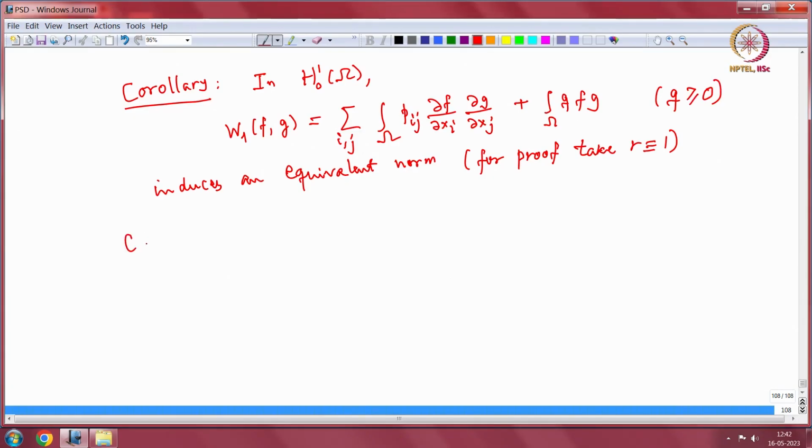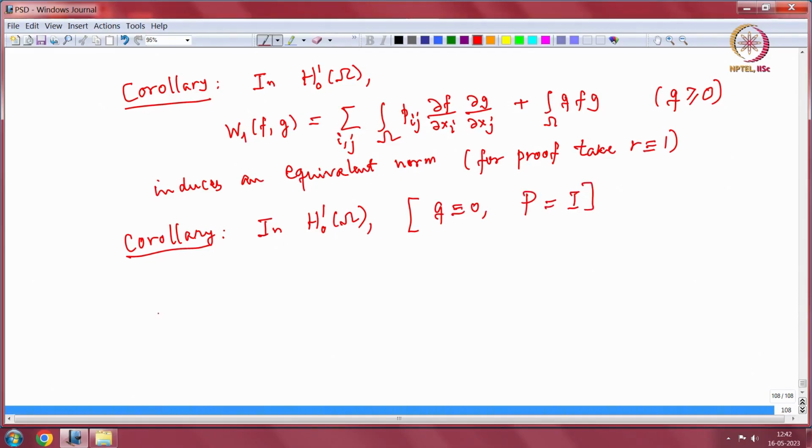Okay, so another corollary. We obtain an important inequality. So in H1 0 omega, we take Q identically 0 and the matrix P as identity.